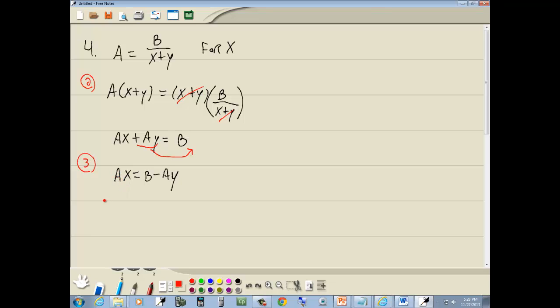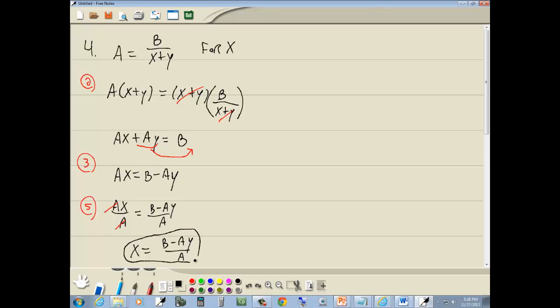It's not, it's in 1 term. Step 5, divide both sides by what's in front of or back of the variable you're solving for. There's nothing behind it, but there's an a in front of it. So divide both sides by a. When I do that, these a's are going to cancel. And we get x is equal to b minus ay over a.